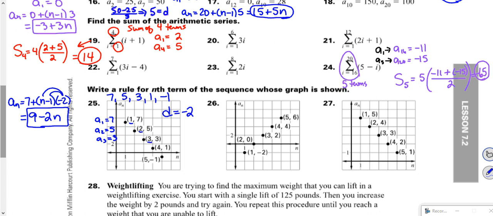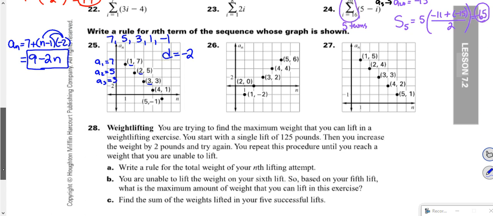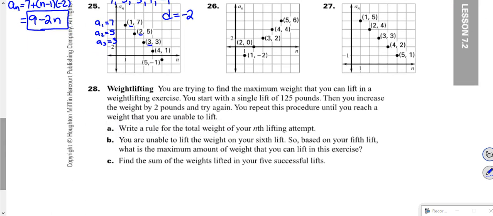Okay, let's look down at some of these word problems and then we'll call it good. Weightlifting, you're trying to find the maximum weight you can lift in a weightlifting exercise. You start with a single lift of 125 pounds. Right off the bat, the thing that jumps out at me, first lift, a sub 1, 125. Then you increase your weight by 2 pounds and try again.